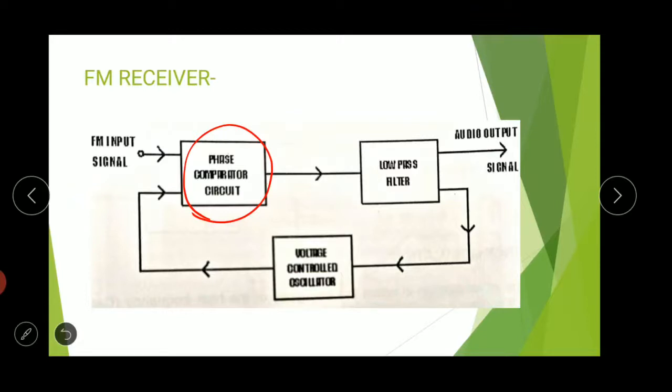So here a VCO is used. The frequency of this oscillator is controlled by the DC output voltage from the output of the low pass filter. This DC voltage keeps the oscillator running at the same frequency as the original input signal and 90° out of phase.